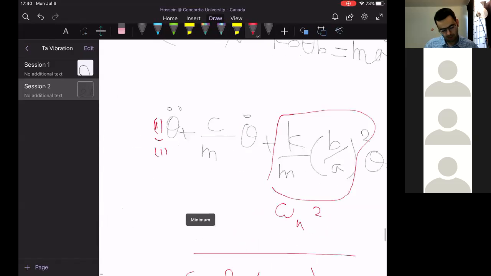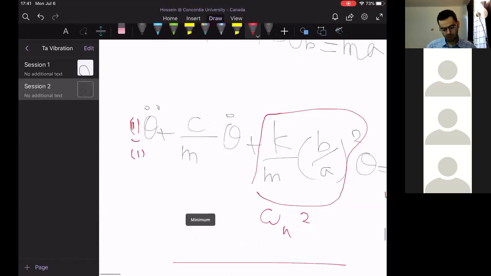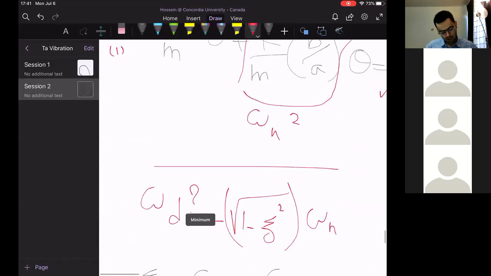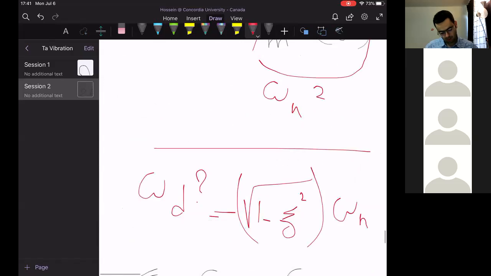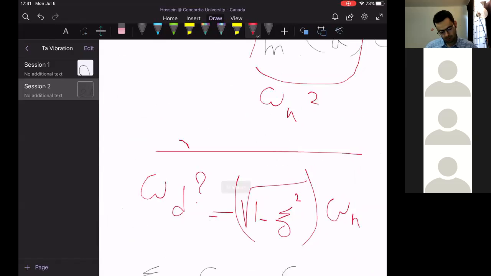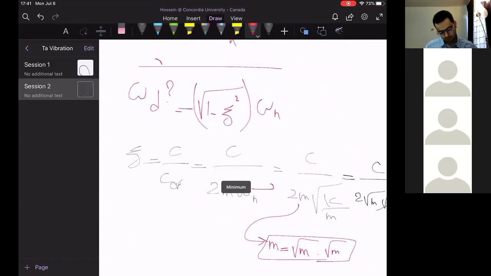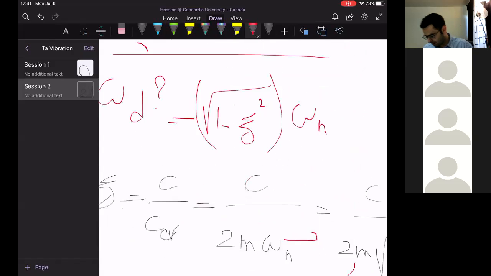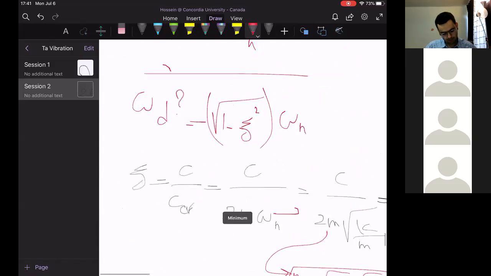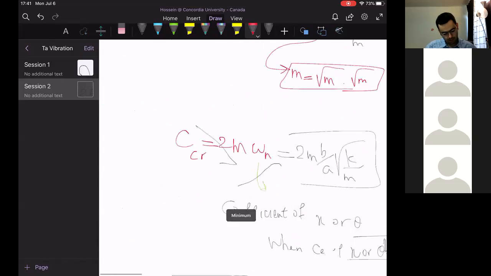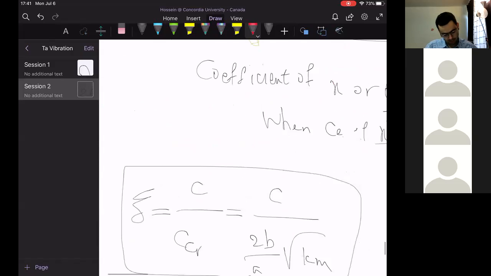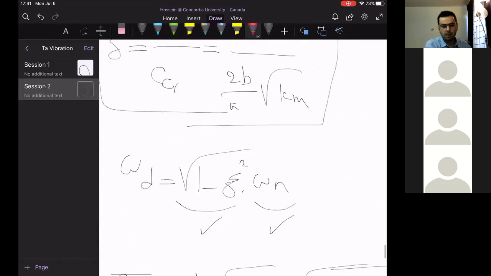We make the coefficient of theta double dot 1, therefore the coefficient of theta is omega n, and omega d is omega n multiplied by square root of 1 minus zeta squared. The first part, equation of motion, then the damped natural frequency, and the last, the critical damping coefficient, C critical. We obtained all the parameters. So if you have any question, you can ask. Otherwise, we will go for the next question.